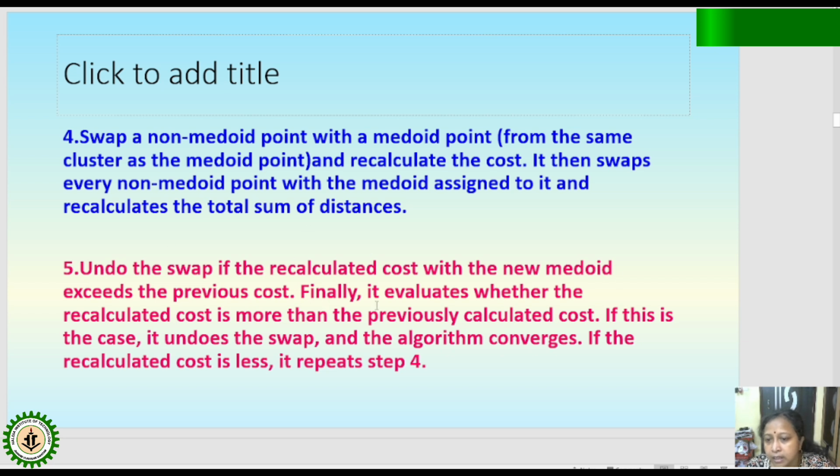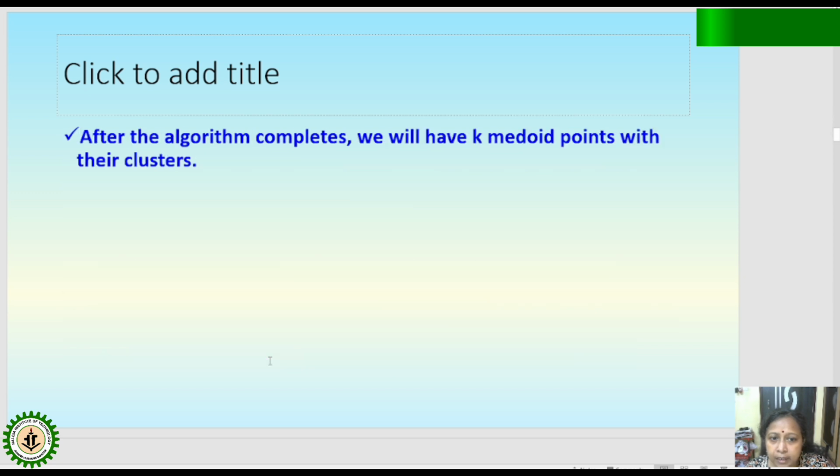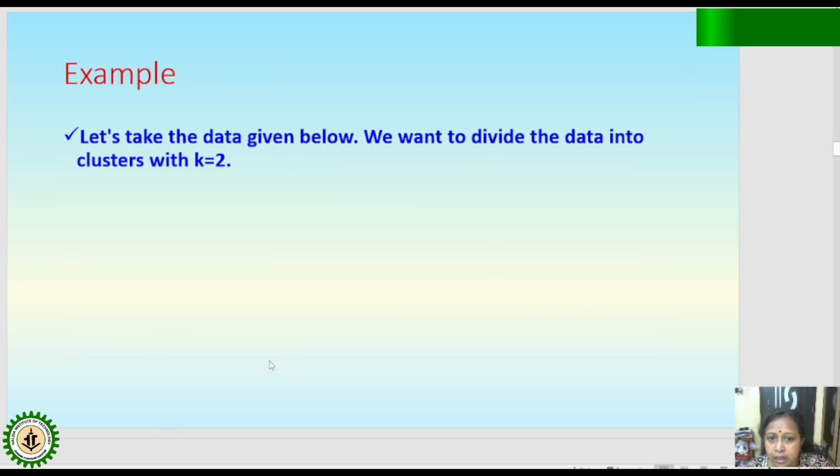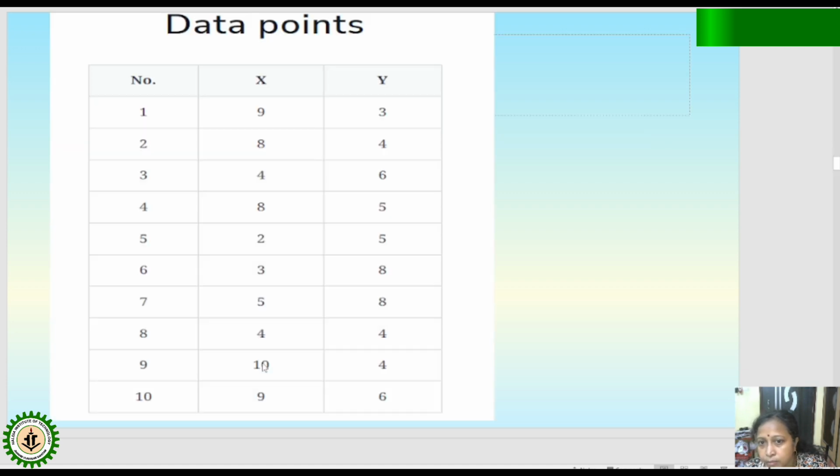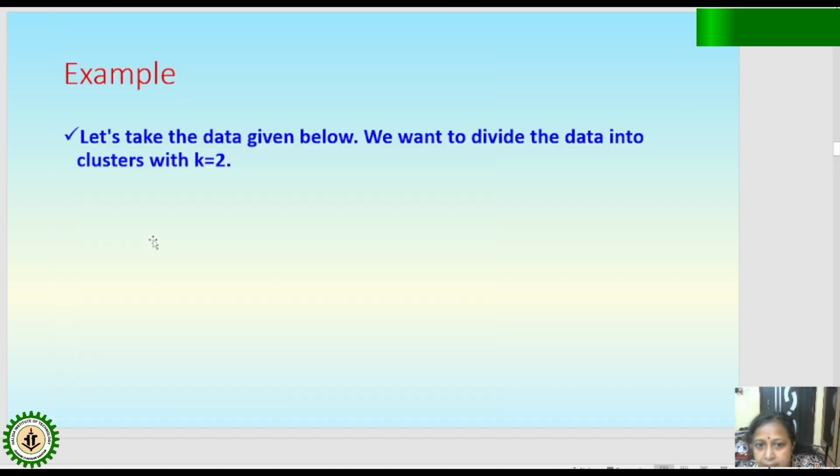So finally, it evaluates whether the recalculated cost is more than the previously calculated cost. If this is the case, it undoes the swap and the algorithm converges. If the recalculated cost is less, it repeats step 4 again. Now you will better understand the K-medoid algorithm steps. Now, I will explain one example.